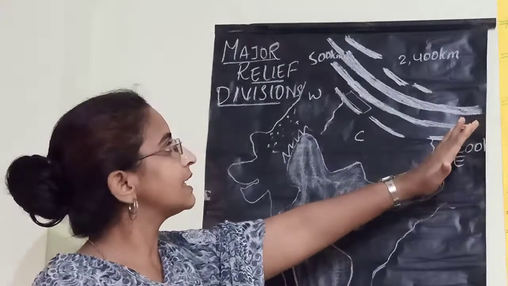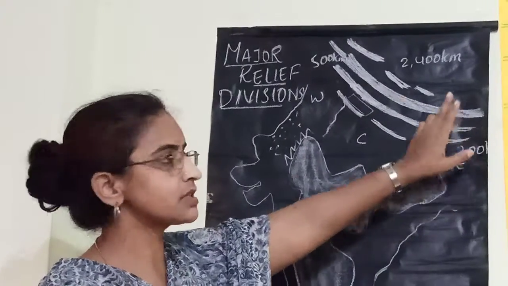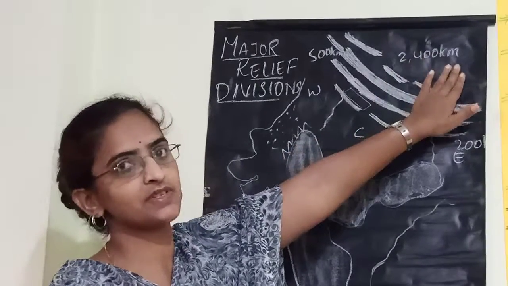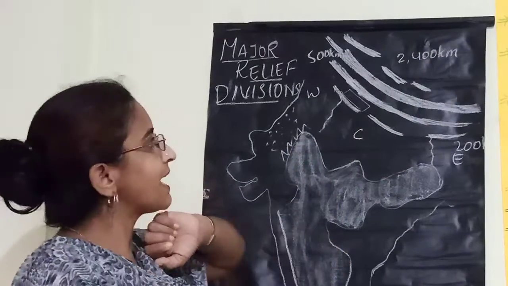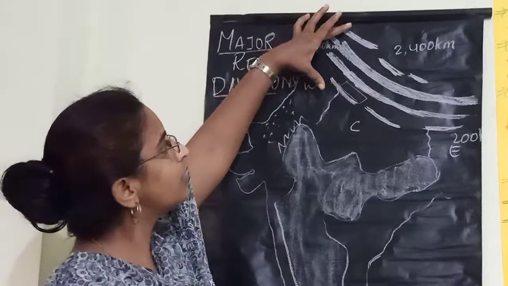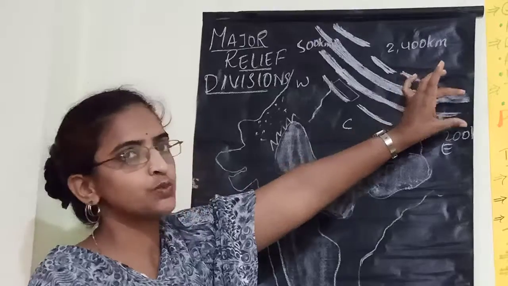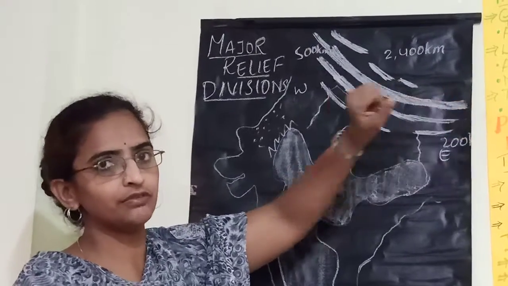So the Himalayas look like an arc shape, and the extension of these Himalayas is around 2,400 kilometers. As we see, Himalayas are a little wider in the north part and become narrow when moving towards the east part of India.